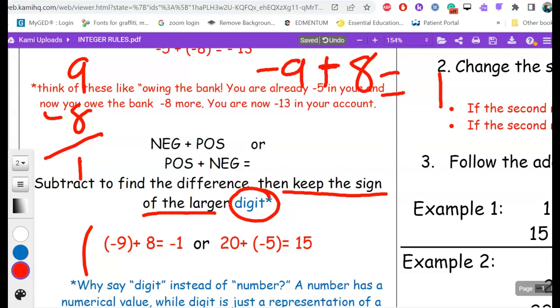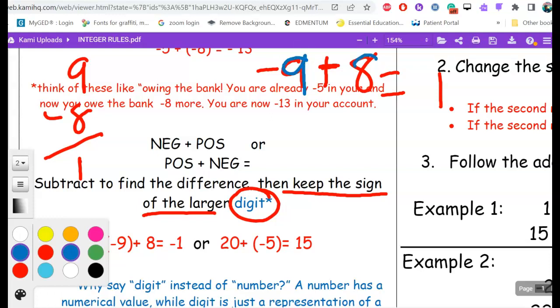When I say the word digit, I am talking about a pictorial representation, not the value of the number. So when I say digit, I mean just the 9 or just the 8, which is the larger digit. You can see that the 9 is larger, right? So I'm going to keep the sign of the larger digit.